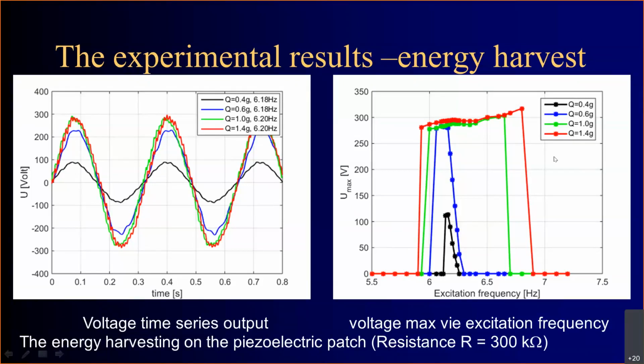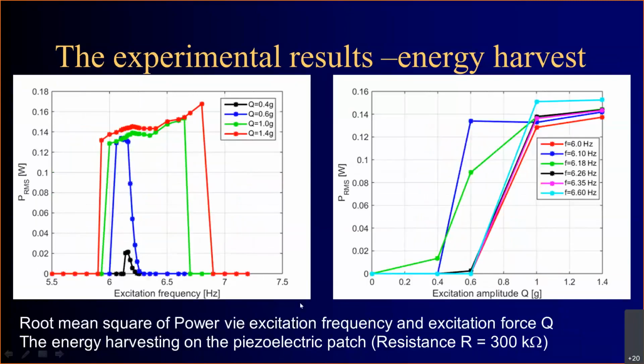And finally, the colors green and red tell us that the impacting occurs, and we can see the resonance area is widened. There's more space where we can get a higher value of the voltage. It was done for the resistance 300 kilohms.